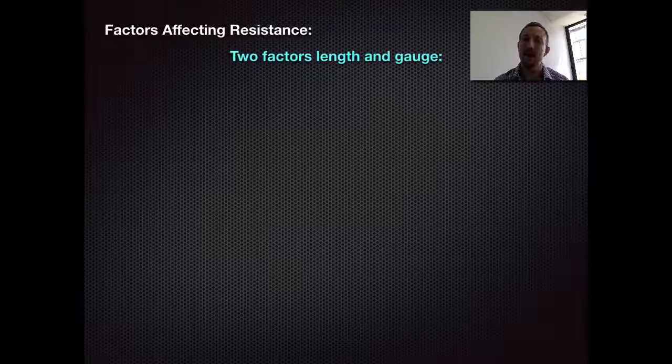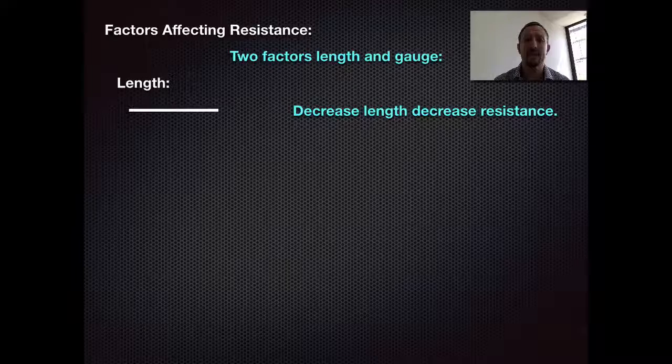They happen to be length and gauge. Now, for length, if we decrease the length, we decrease the resistance. What that means is, let's say we've got a crowd of adults again, but we only make that crowd very, very small.